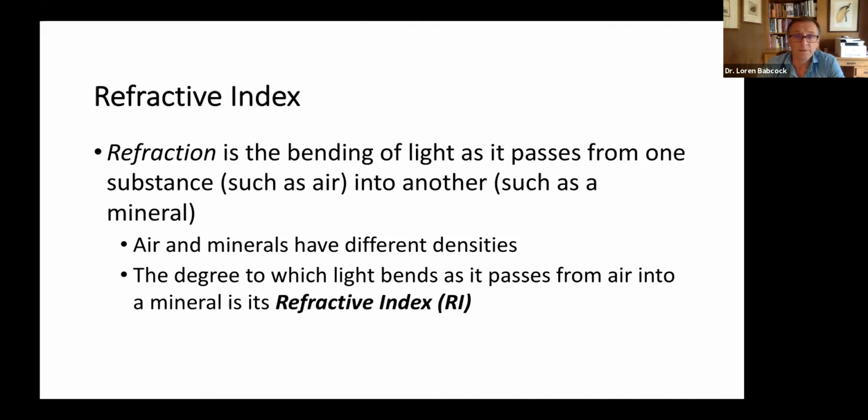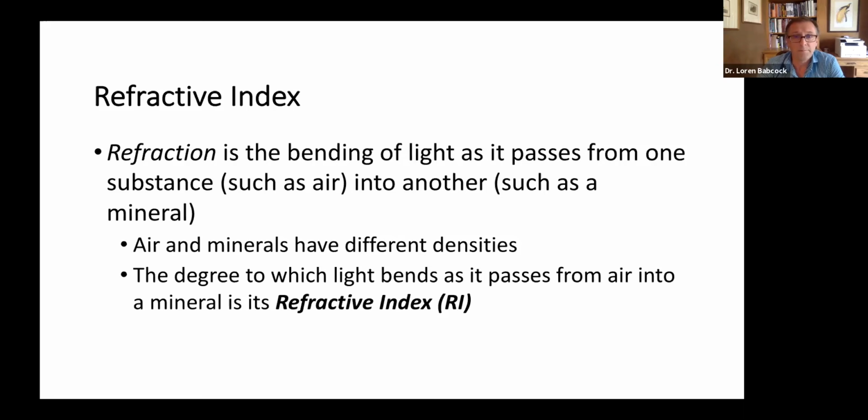And as it turns out, this bending is the result of air and minerals having different densities. So the amount of refraction or bending that occurs is a function of the density of the substance, in this case, the density of the mineral. And this is interesting because each mineral has its own density.